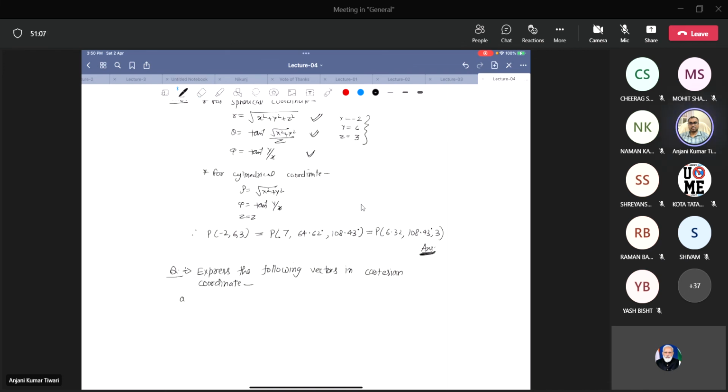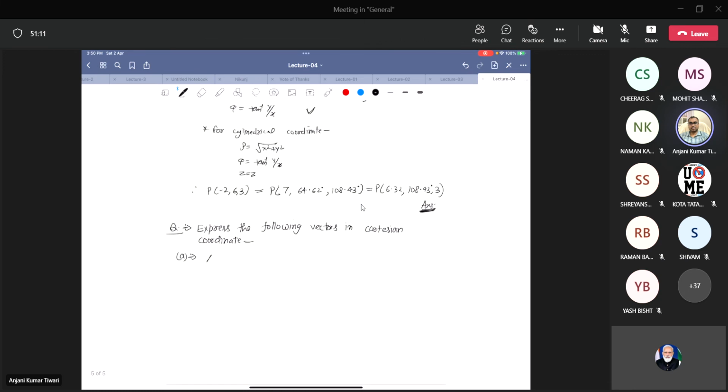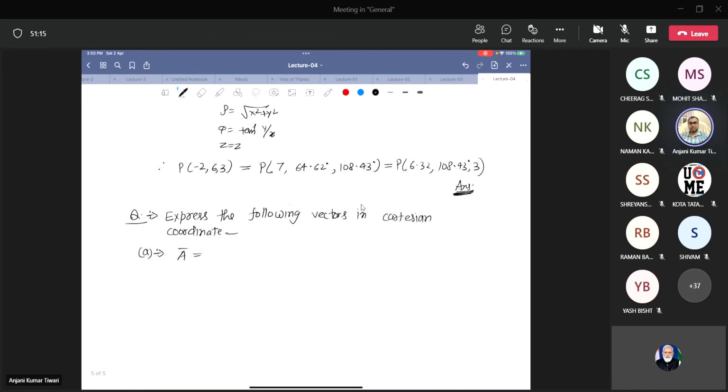The first vector is, let's say, vector A, which is rho z sin phi rho cap plus 3 rho cos phi phi cap plus rho cos phi sin phi z cap.